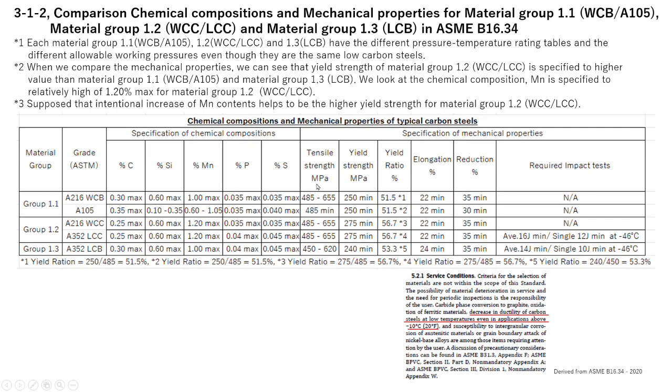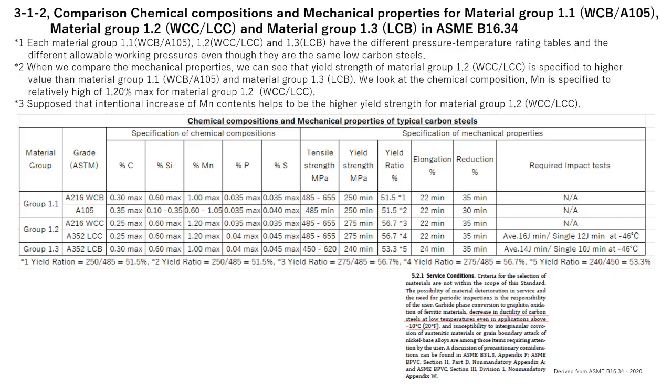For mechanical properties, tensile strength and yield strength. Tensile strength is specified as 485 megapascal minimum for WCB, A105, WCC casting and LCC casting. LCB casting is specified at a relatively lower value, 450 megapascal minimum tensile strength.